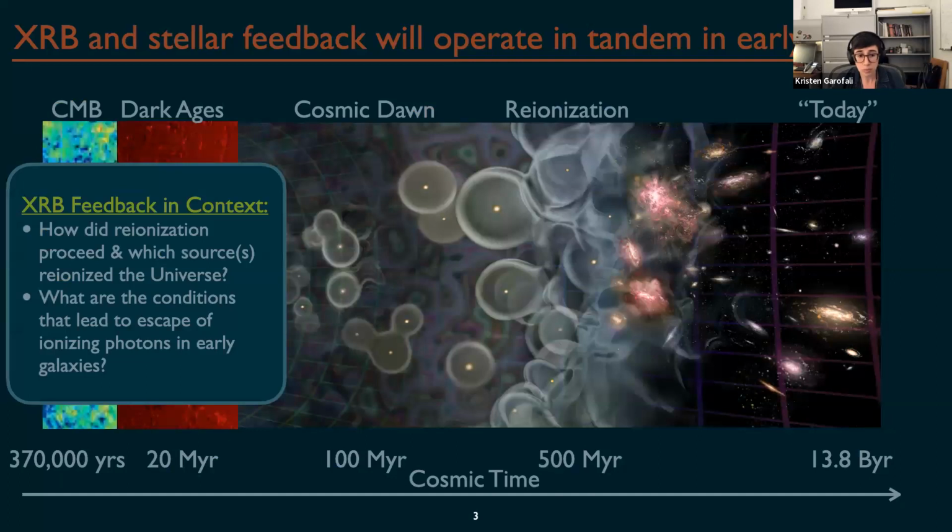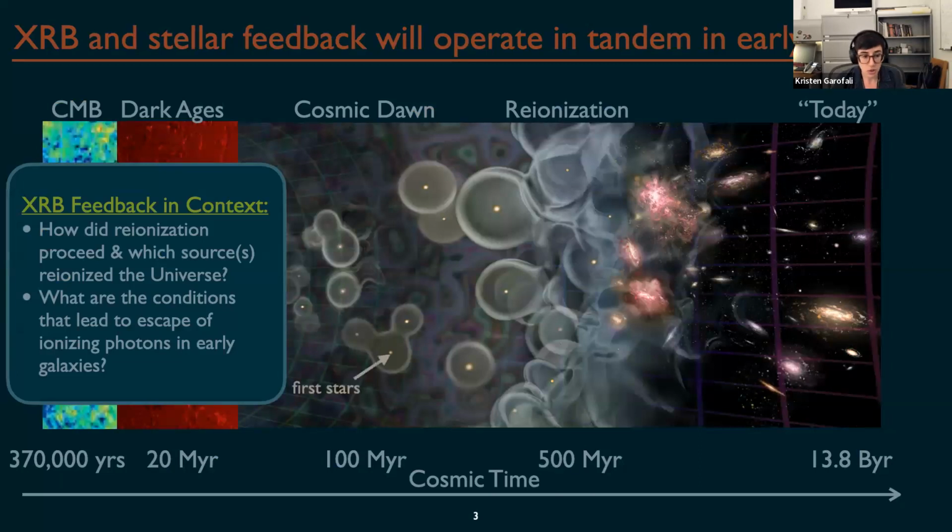From the decadal, we already know that there are a couple of really big questions for the coming decade related to how reionization proceeded, which sources were actually responsible for reionization, and related to this, trying to understand what the conditions are that actually lead to the escape of ionizing photons in early galaxies.